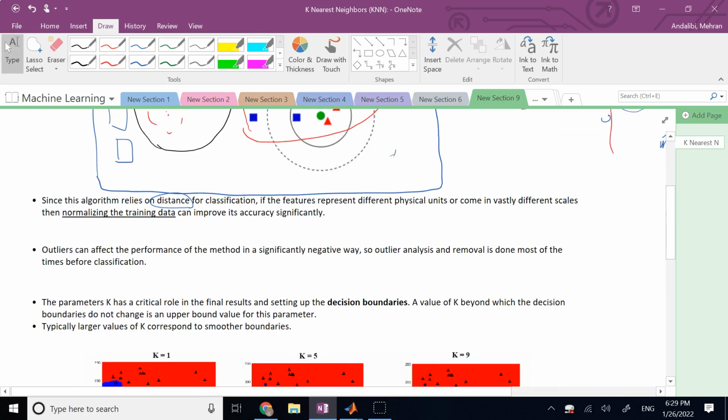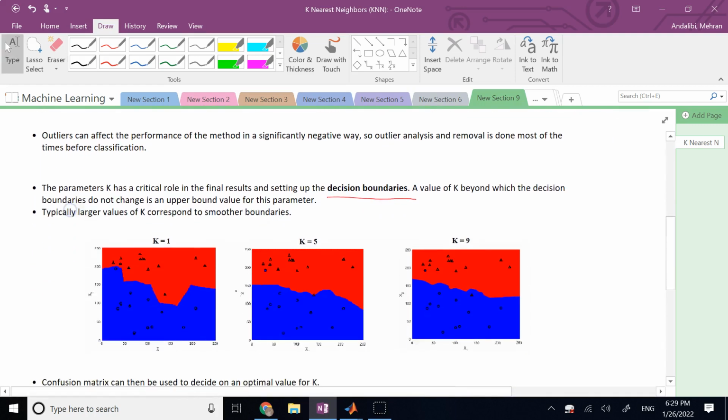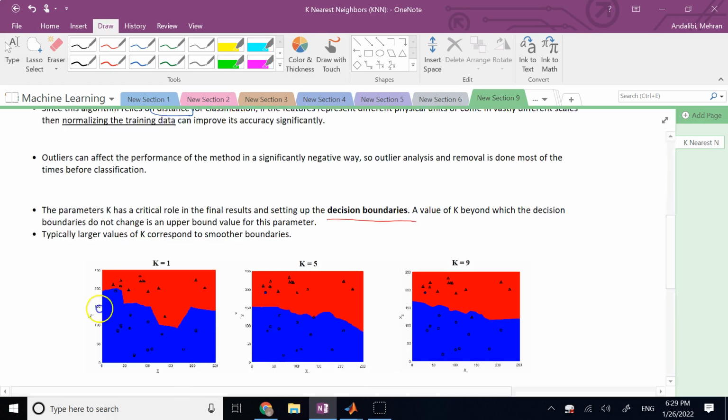They would definitely change these decision boundaries, which are the regions that on the two sides of it you have class 1 versus class 2, right? And you can see them here in this picture, right? The red region versus the blue region. If you have outliers, they significantly shift these boundaries of your classes, or decision boundaries.